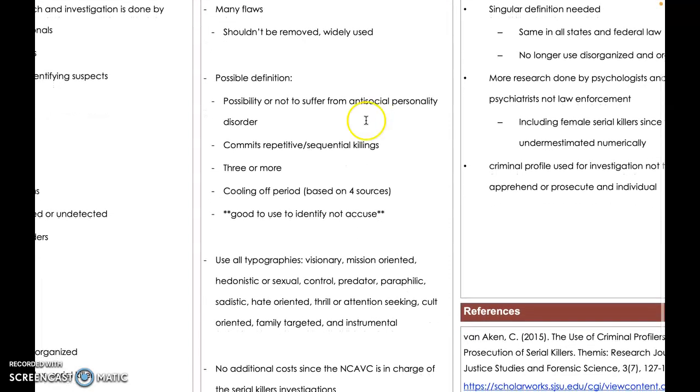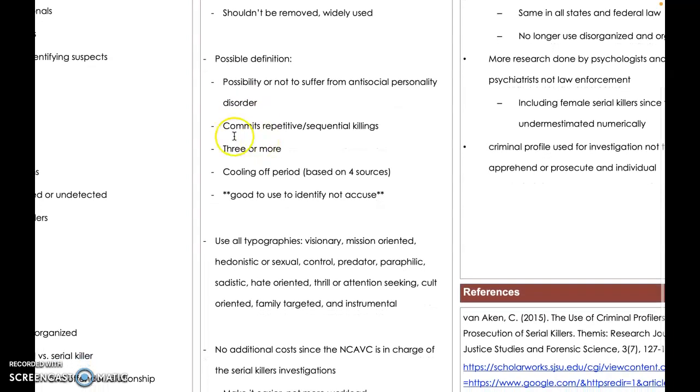The possible definition that she gave, like I mentioned earlier, includes a possibility of not suffering from antisocial personality disorder. Generally commits repetitive or sequential killings, 3 or more victims.